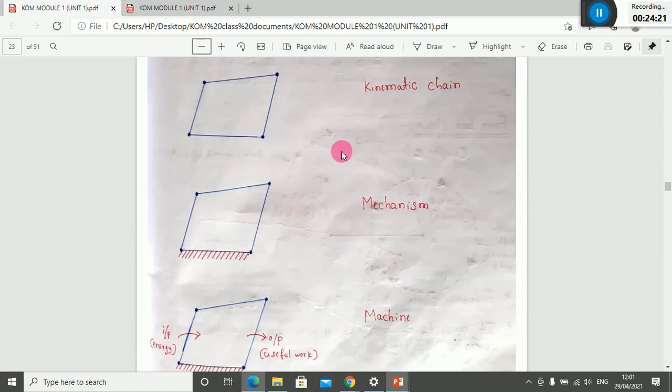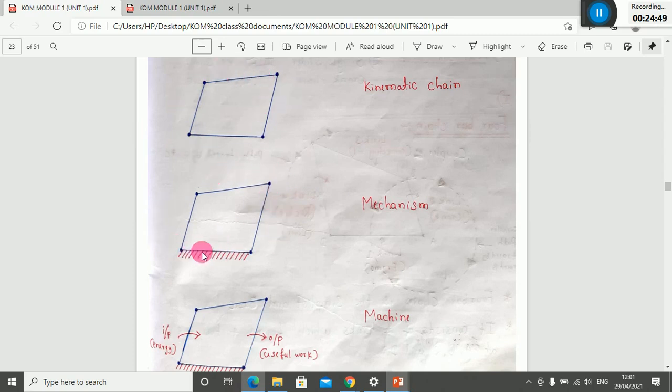And how can you call a mechanism? What is a mechanism? Just try to explain the difference between this figure and this figure. Just observe. Anyone, please try. One of the links is fixed.